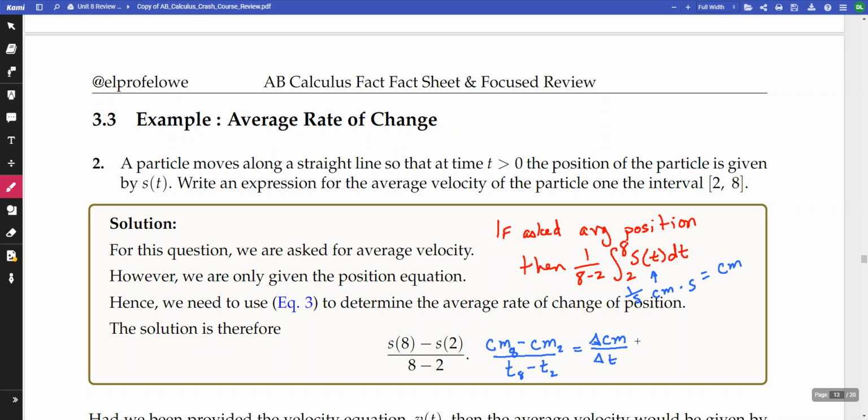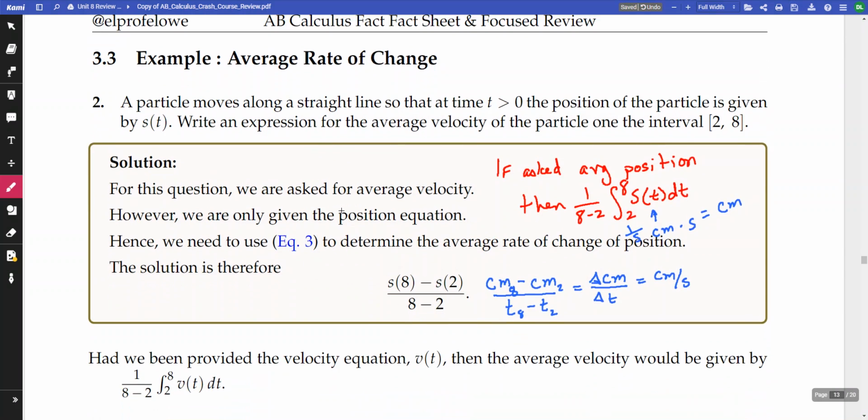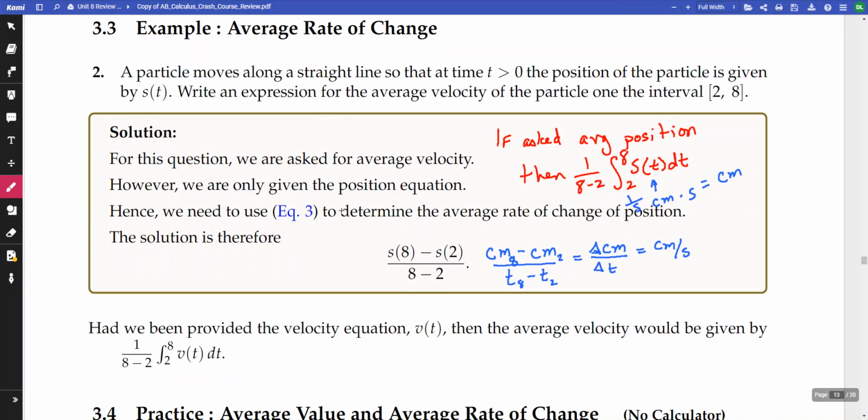And we could say, okay, well, that's centimeters per second, which is a rate. So be careful about what you're asked and make sure you have it organized.